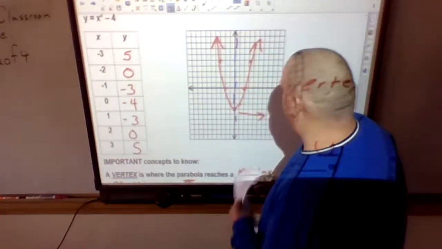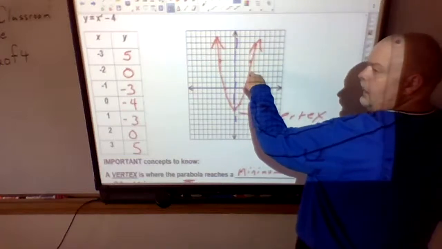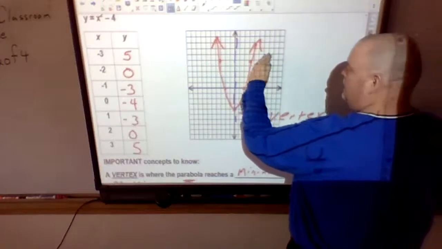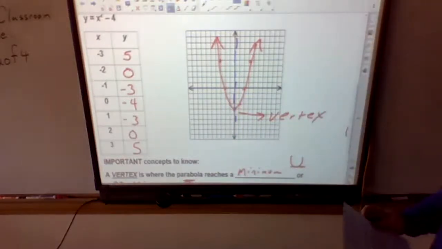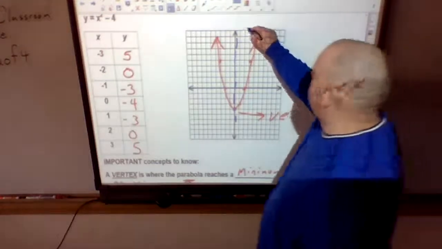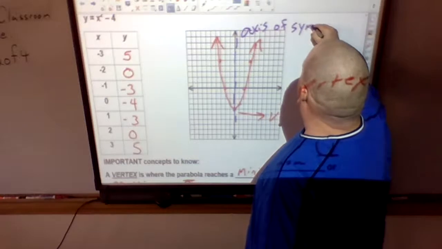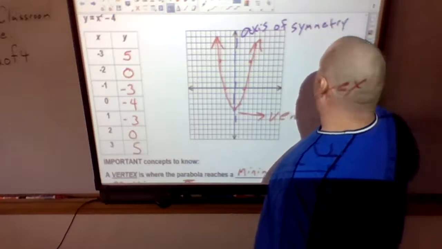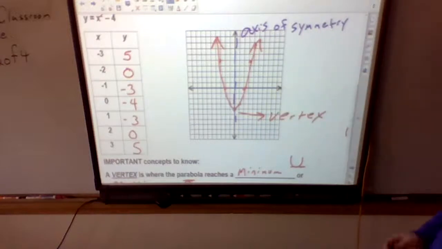This side, if you reflected it, would lay right on top of this side. Same thing here. If we reflected this side, it would lay right on top of that side. And that's why that is called the axis of symmetry. It just reflects one side of the parabola onto the other side.